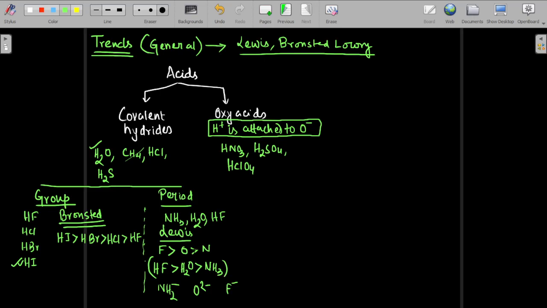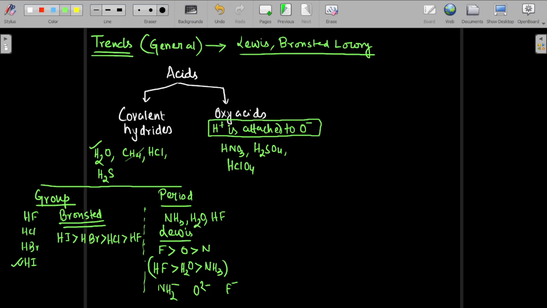First of all, anything which is basic or acidic tends to change itself. Acidic character will come into HCl only when HCl donates H plus. If HCl is very happy to remain HCl, then it is not a good acid. The same is the case with bases.